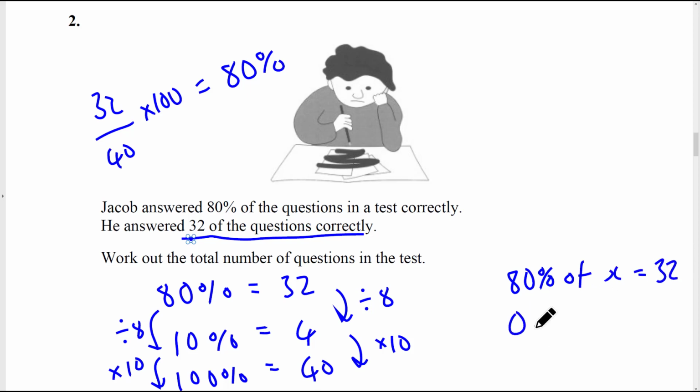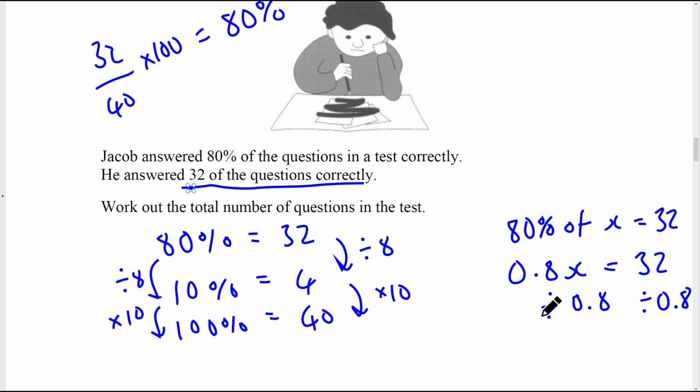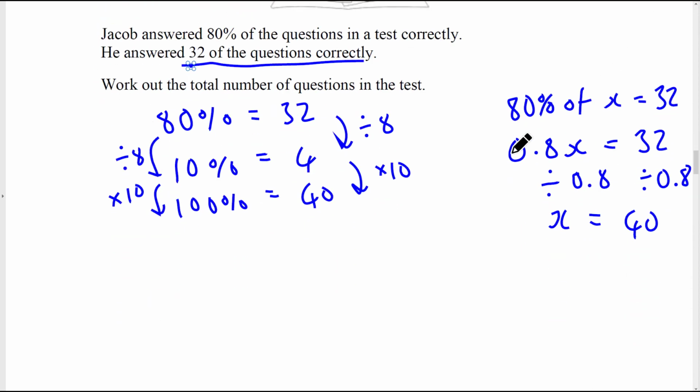So 0.8 X equals 32. Divide by 0.8. And X equals 40. So remember, do give these questions a go, or pause the video when you need to, just give it a go first. So I'm going to scroll down to the next question.